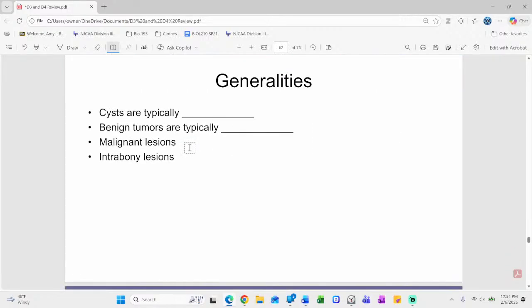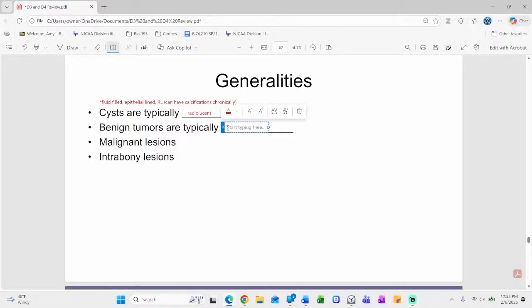A couple generalities here. Cysts are typically radiolucent. Cysts, fluid-filled, epithelial lined, radiolucent. Can they have calcifications? Yes. Chronically, they can develop calcifications within cysts. But typically, a dentigerous cyst, radiolucent. Anything solid, benign tumors are typically solid.